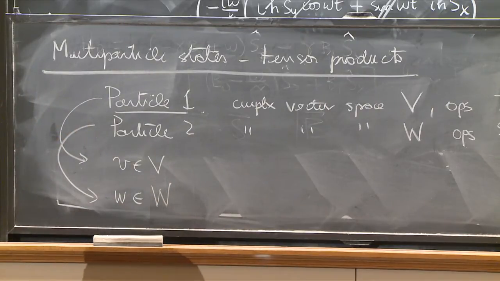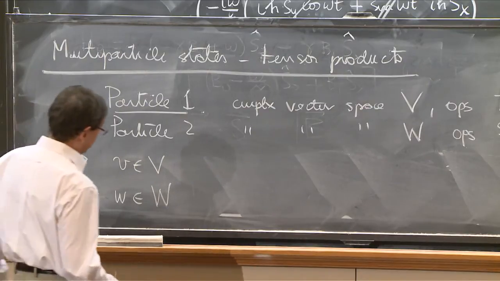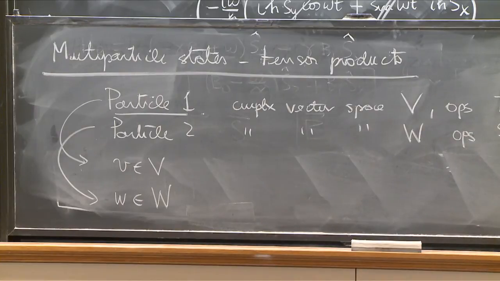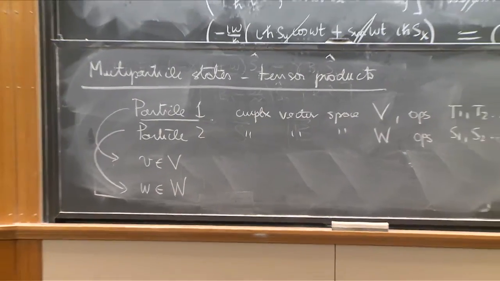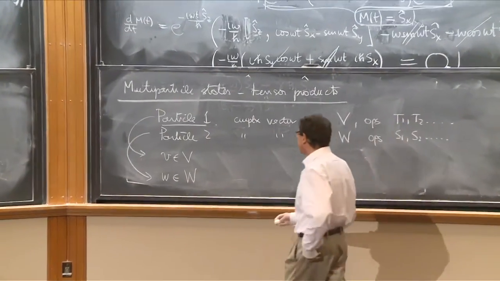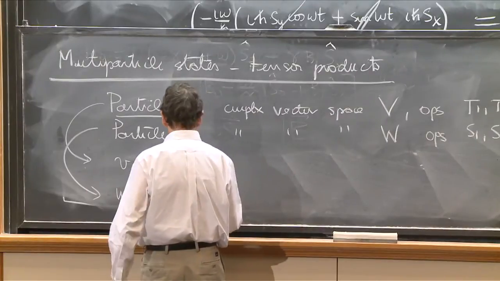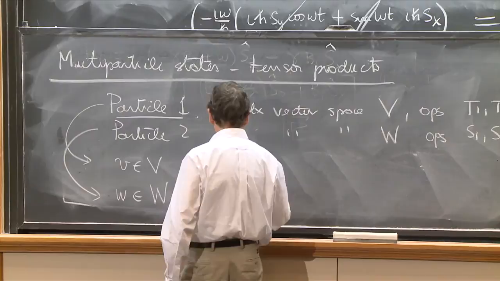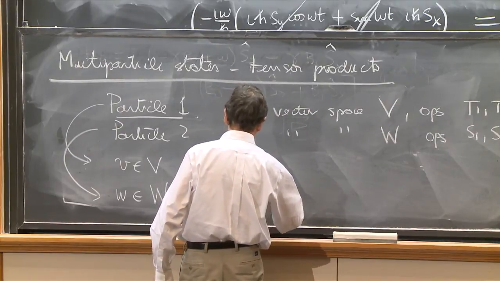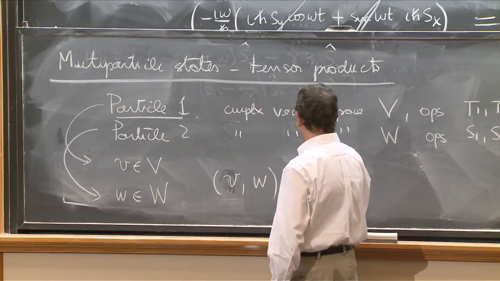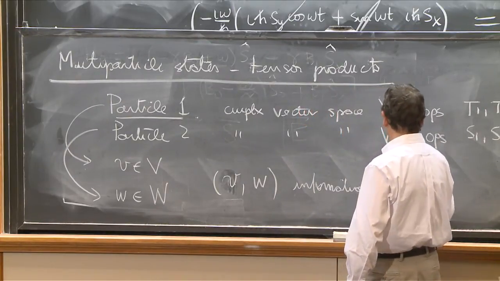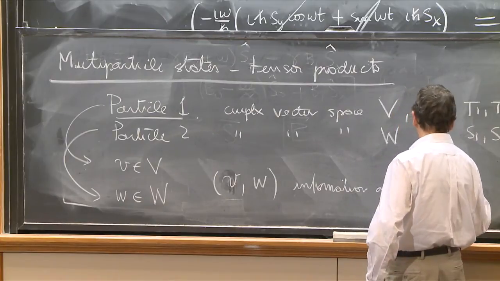So we imagine that it's a reasonable thing to give you those 2 vectors and say, look, that's what particle 1 is doing, and that's what particle 2 is doing, and that is correct. It's a bit more subtle than that, as we'll see now, but we could list V and list W, and this is the information about each particle.